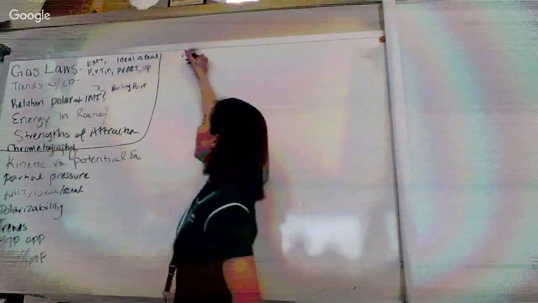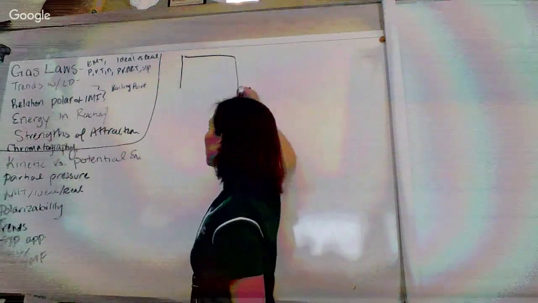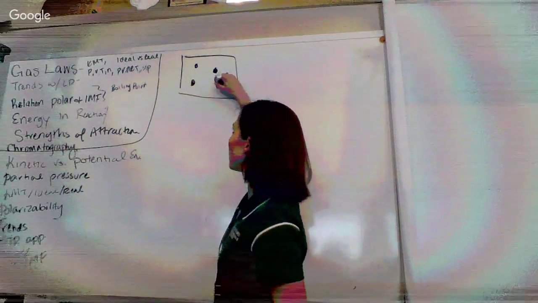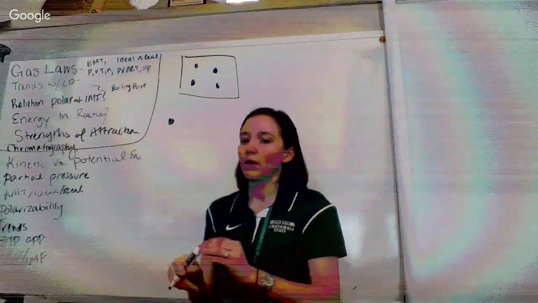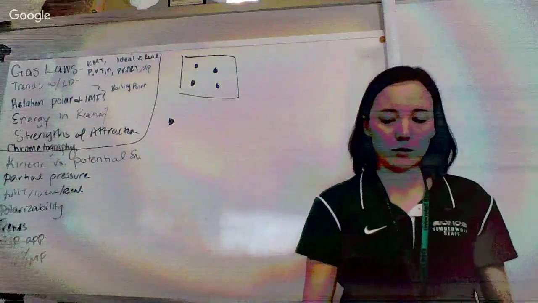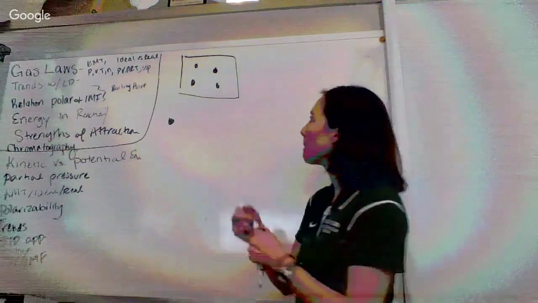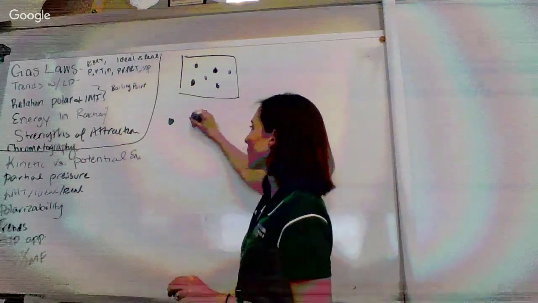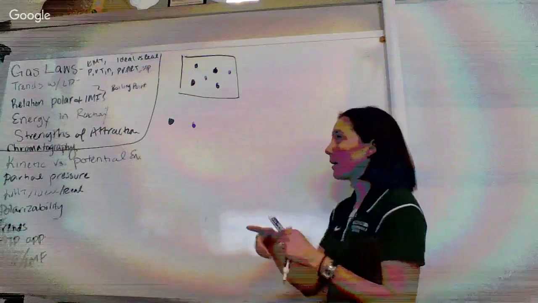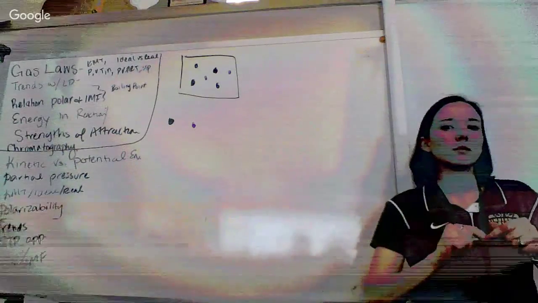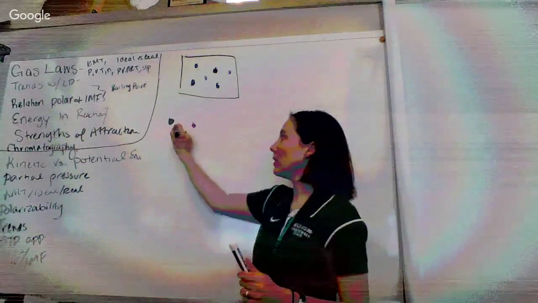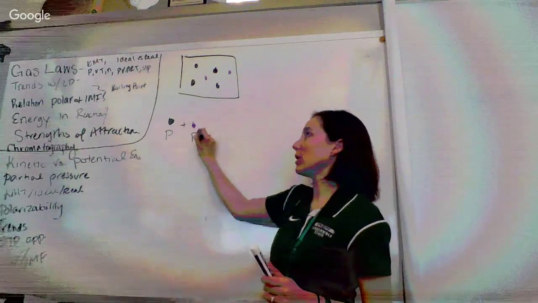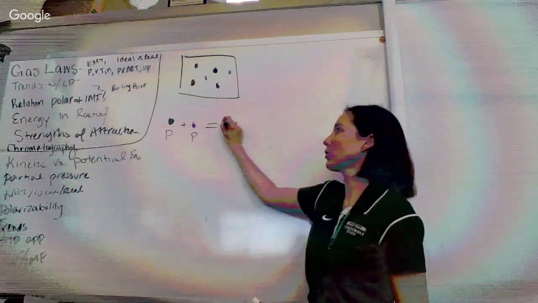So if we have a box, and in this box we have different gases, like I have my black dot and my purple dot, the sum of these two pressures has to equal your total pressure.